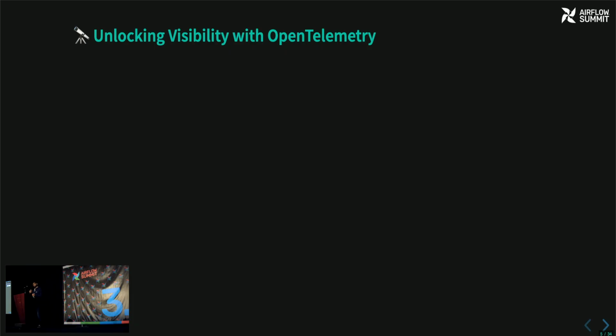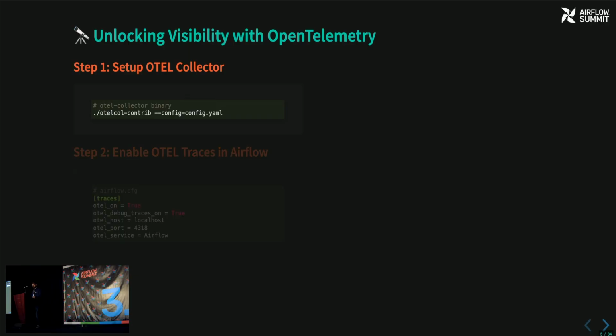What's the way we can achieve that? One option that Airflow 3 now has is native OpenTelemetry support, meaning Airflow core components are passing on traces for us to analyze. So how could we achieve that? First, we set up the OTel collector using a normal binary with some configurations passed in. Next, we enable these OTel traces in Airflow. You just open up the Airflow CFG file and make a few of these changes.